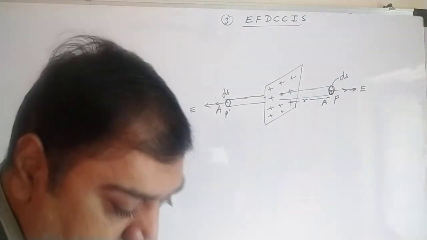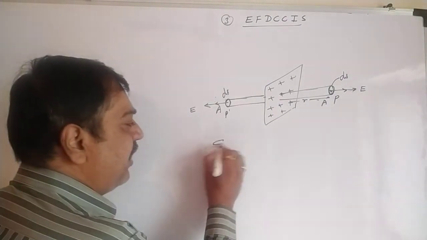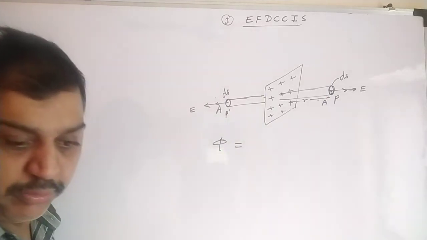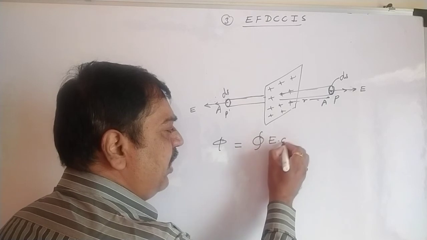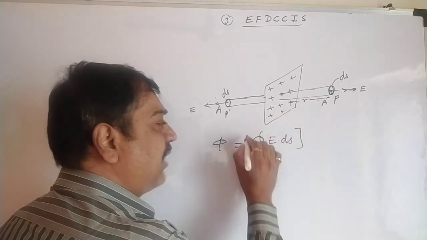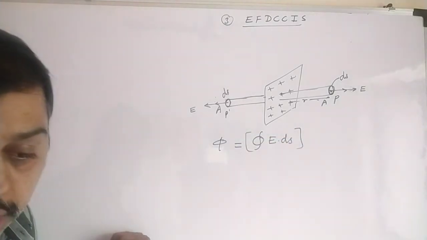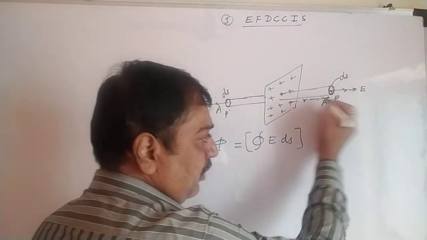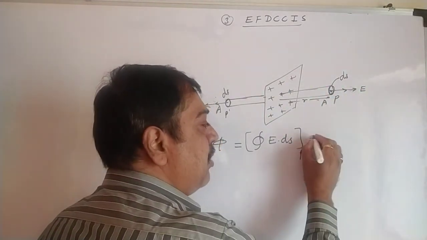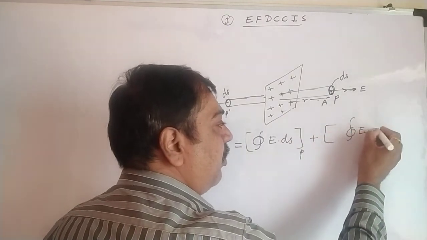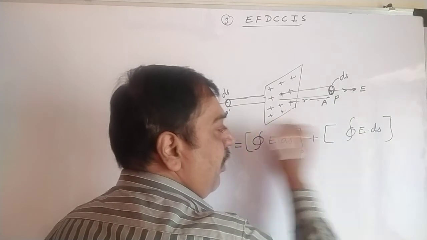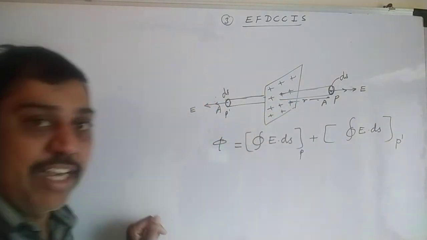Now we can write, according to Gauss theorem again, phi equal to the integration over a closed surface of E dot ds due to the point P on the right hand side, plus the integration over a closed surface of E dot ds due to the point P dash. Both sides we have to consider.